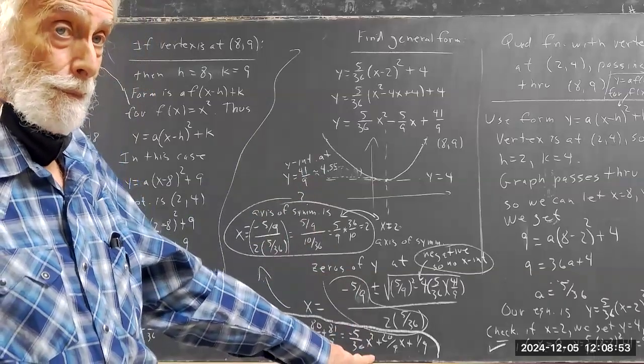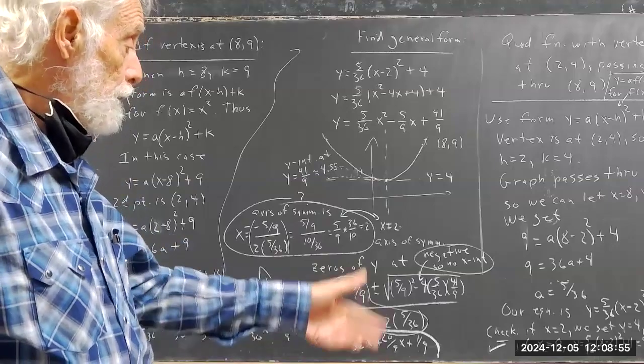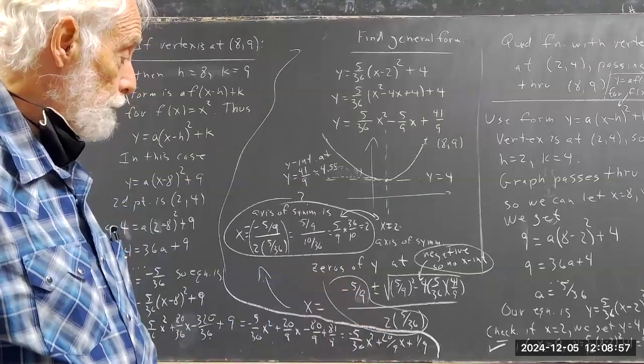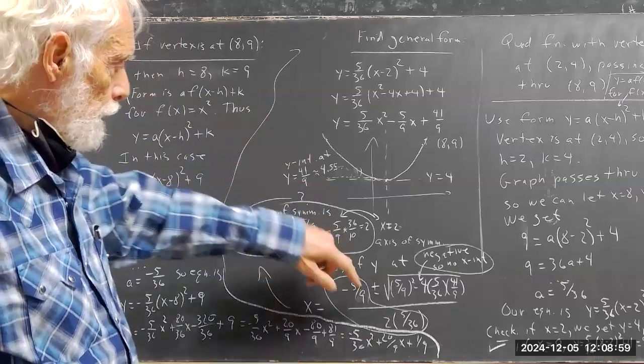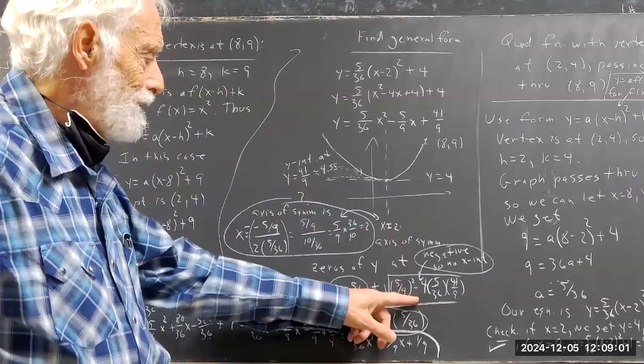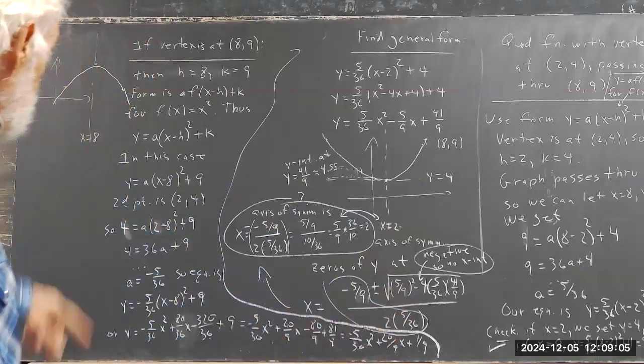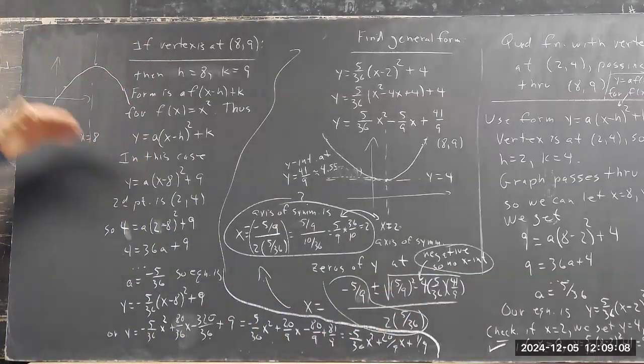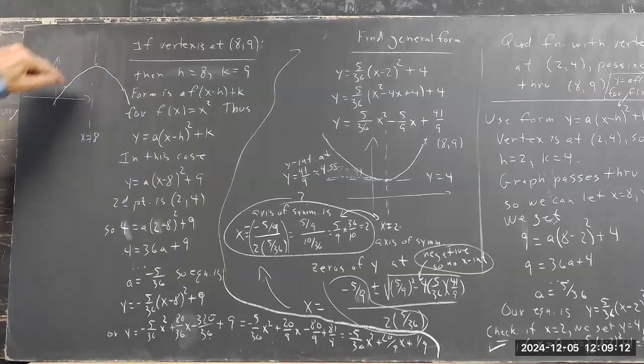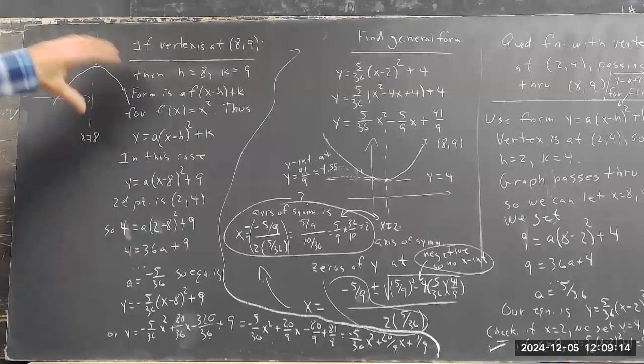If you plug these numbers into the quadratic formula, we're going to get 8, and we're not going to get a negative under the radical, which shows that there are 2 x-intercepts, which there have to be. Because if the vertex is up here and it goes through a point down here, it is opening downward.